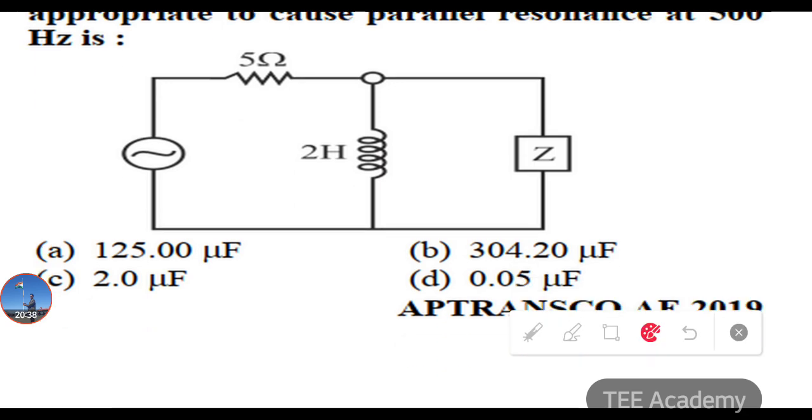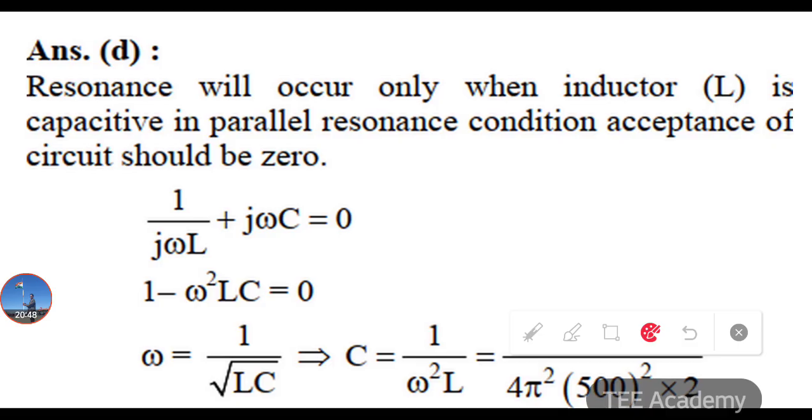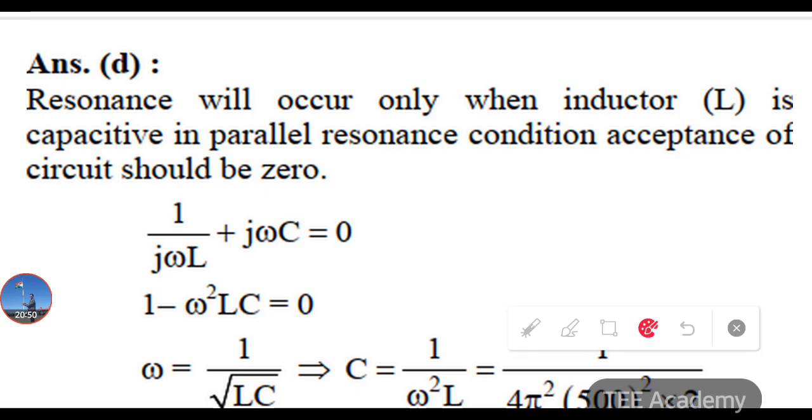Let's discuss the solution here. So resonance will occur only when the inductor is in parallel with the capacitance, and the total admittance of the circuit will be equal to 0. So here we consider 1 by j omega L plus j omega C is equal to 0.